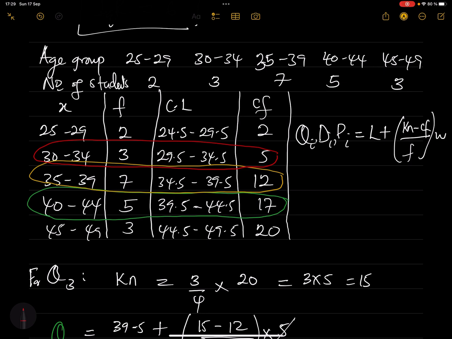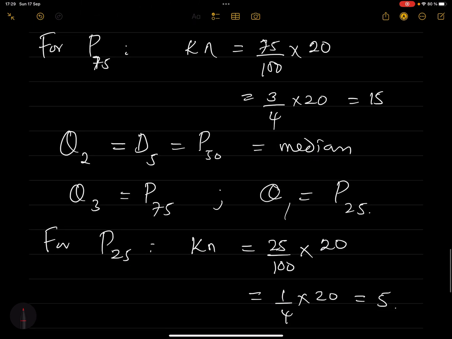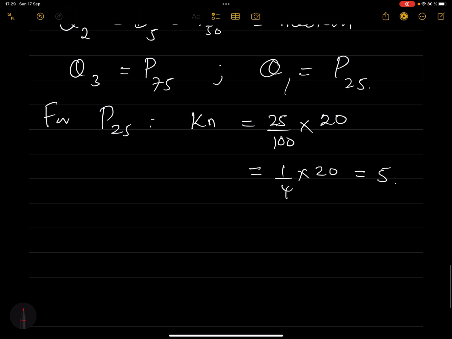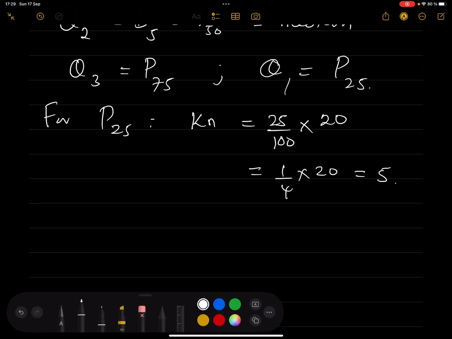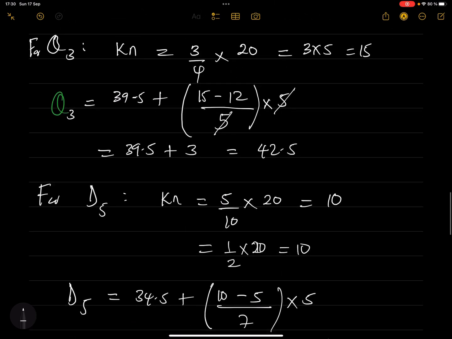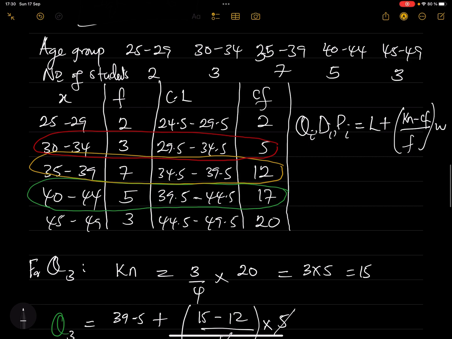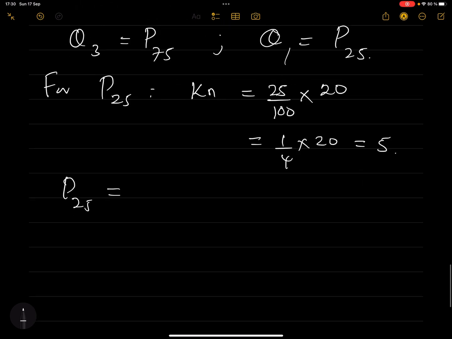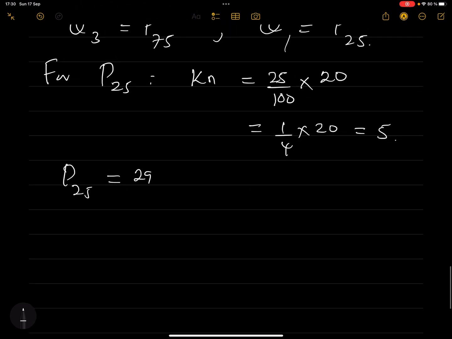Now I've got the location of interest, everything becomes easy. My P25, let me go back to my white column, will be the lower class limit of the location of interest, which is 29.5, plus Kn.